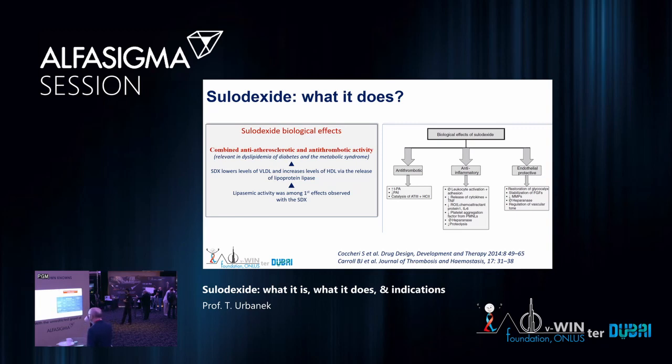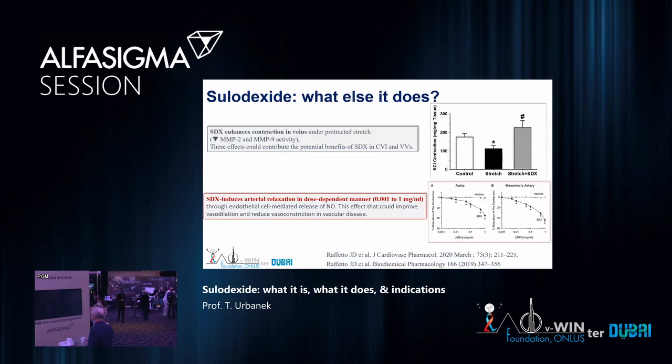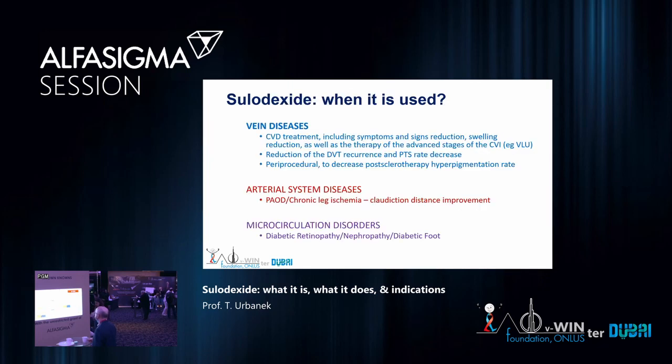One of these properties is the lowering of the VLDL level and increase of the HDL level via the release of lipoprotein lipase. According to recent studies, sulodexide also enhances contraction in veins and induces arterial relaxation. This is related to the release of nitric oxide.